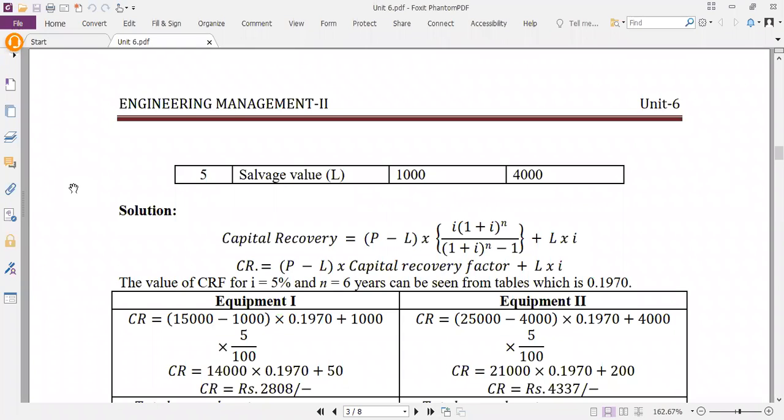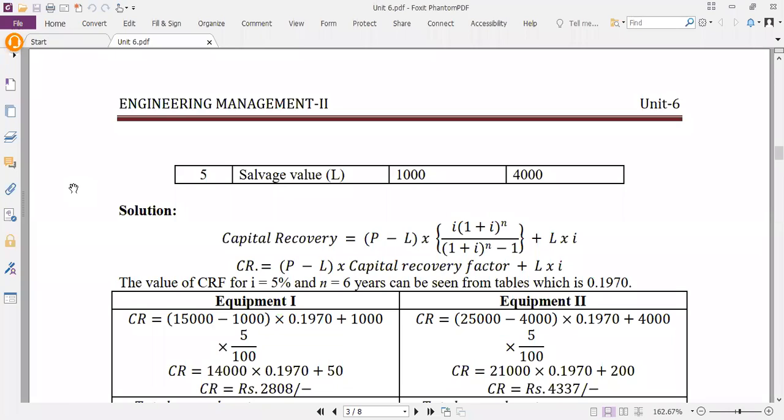It is 2,808 rupees for equipment number 1, and for equipment number 2 it will be 4,337 rupees.